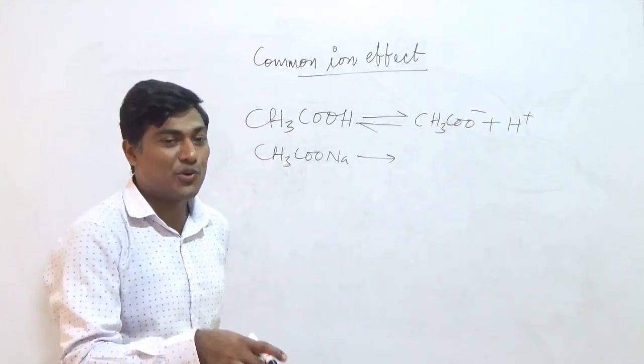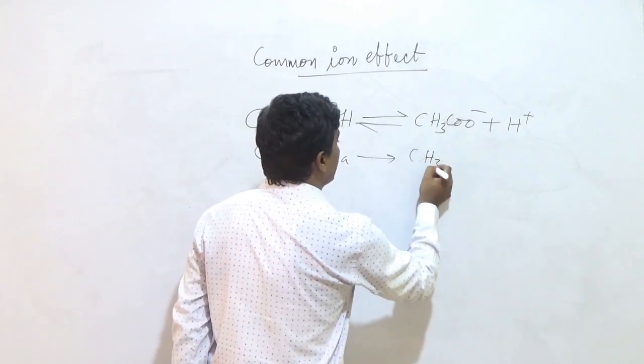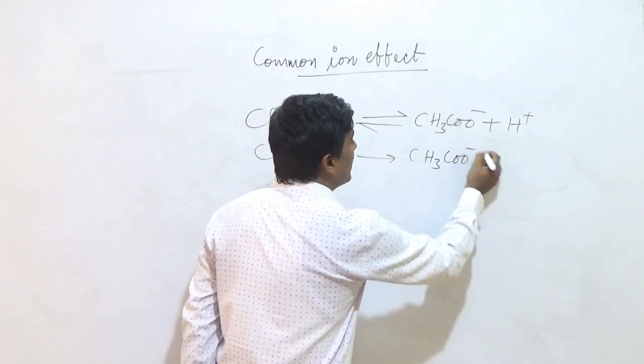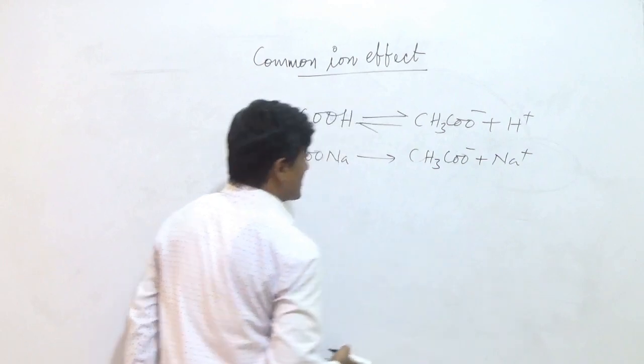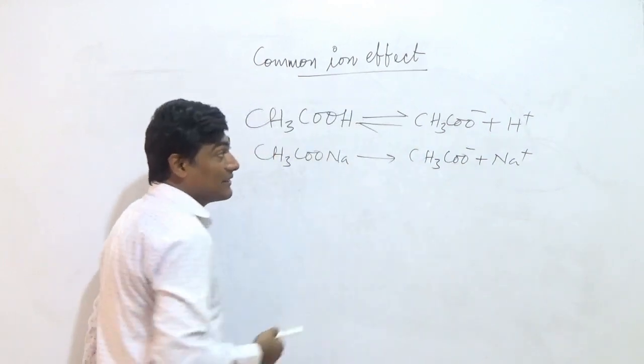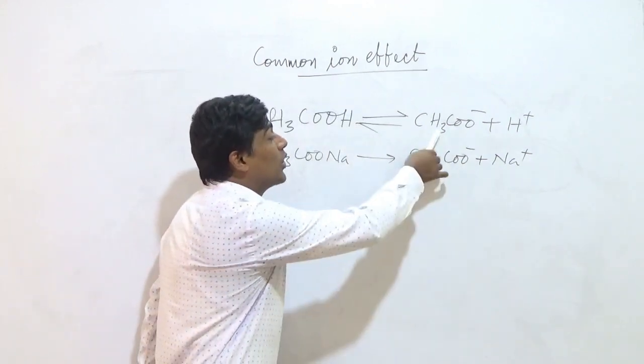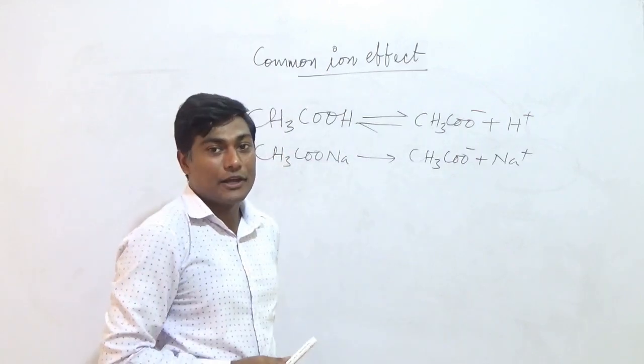All salts are strong electrolytes. So it gives CH3COO- plus Na+. Now this ion is in common with the already present acetate ion.